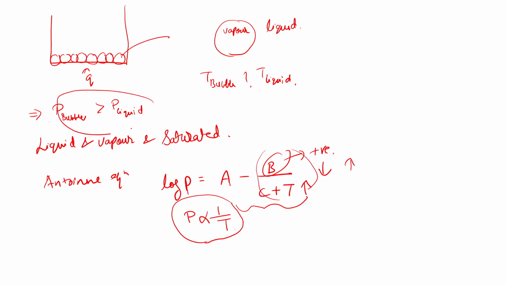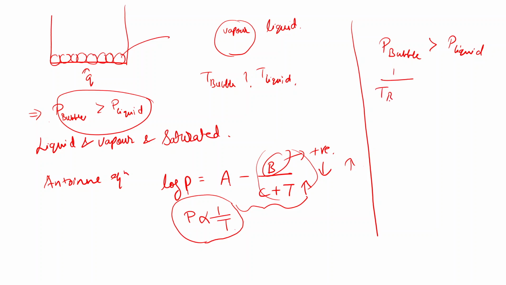So from this equation and the given information, since P of bubble is given as greater than P of liquid, we can write it as 1/T of bubble will be greater than 1/T of liquid.